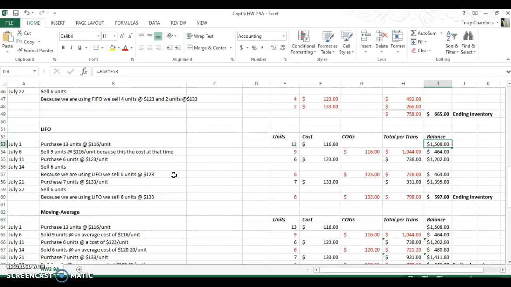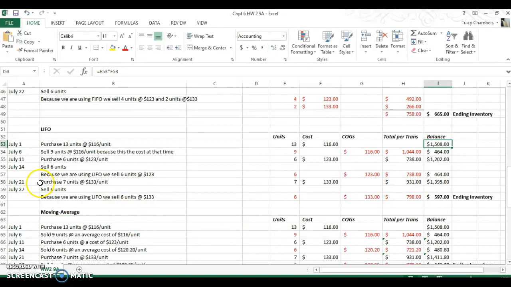We do this because LIFO is last in, first out, so the last items that we purchase will be the first items that we sell. So we will sell 6 units at $123 with a transaction total of $738, which we deduct from our balance, giving us a balance of $464.